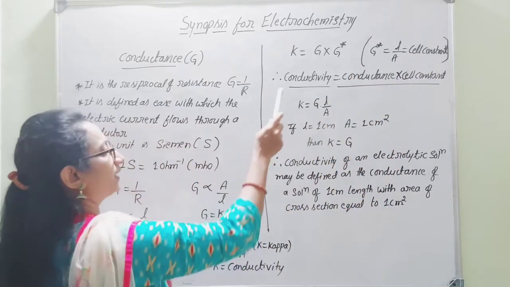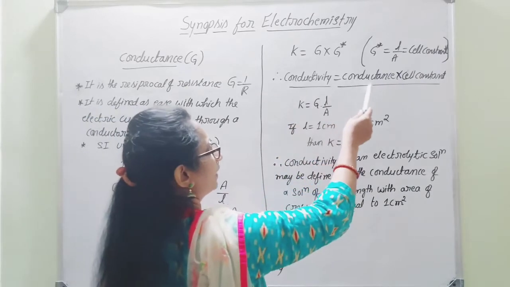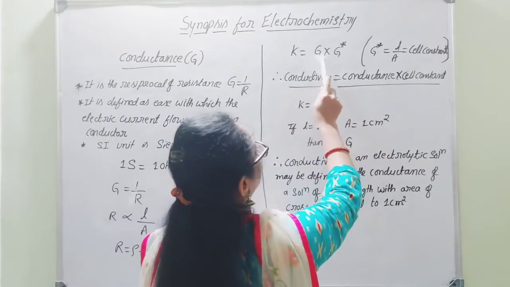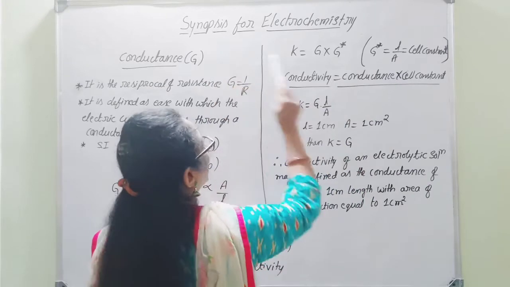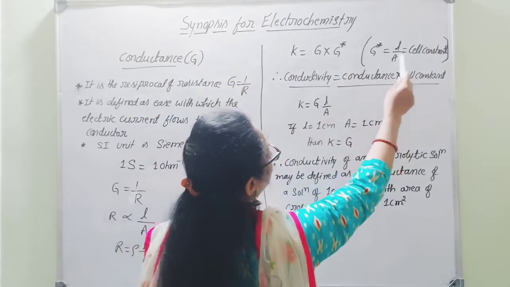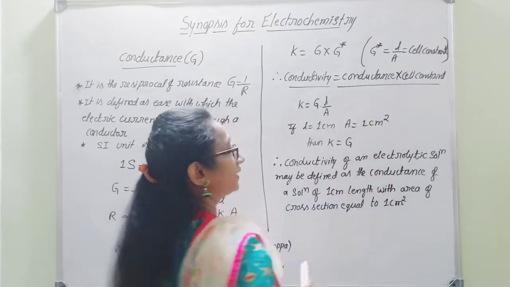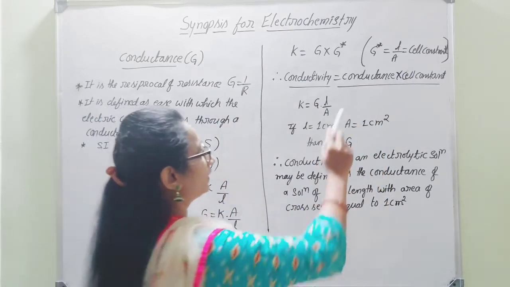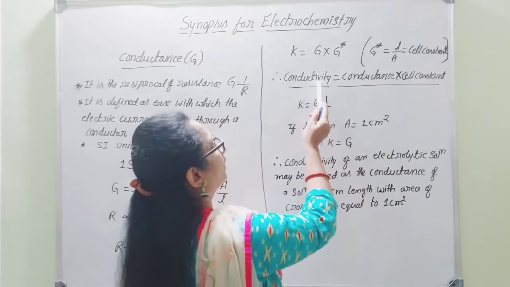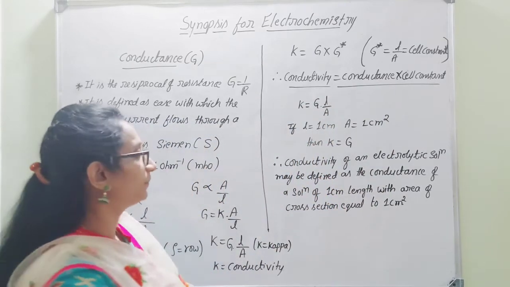Now we can say that conductivity is the product of conductance G and the cell constant L by A. Therefore, conductivity is equal to conductance into cell constant. If you know the value of conductance and cell constant, then you can easily predict the conductivity.